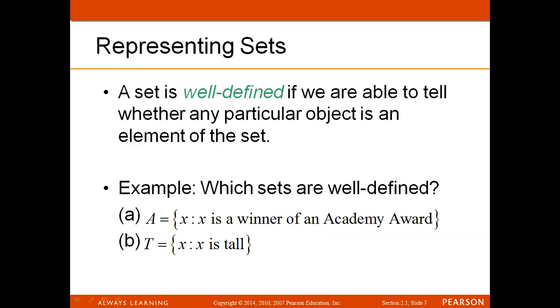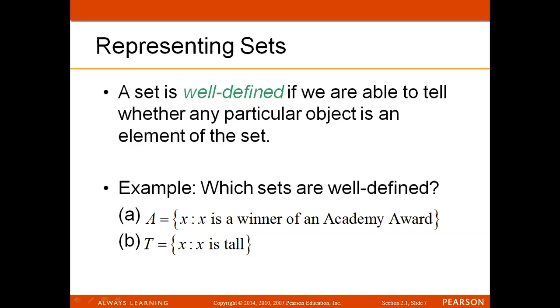A set is well defined if we're able to tell whether any particular object is an element of the set. Example, which sets are well defined? A is the set of all x's such that x is a winner of an Academy Award, or T is the set of all x's such that x is tall.